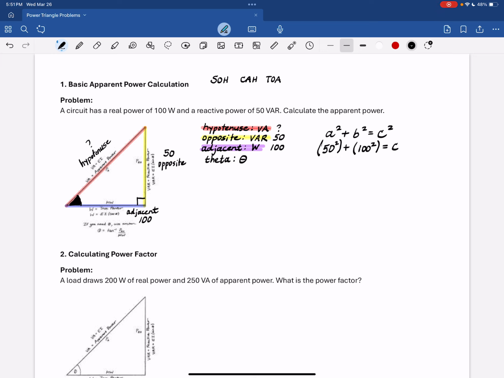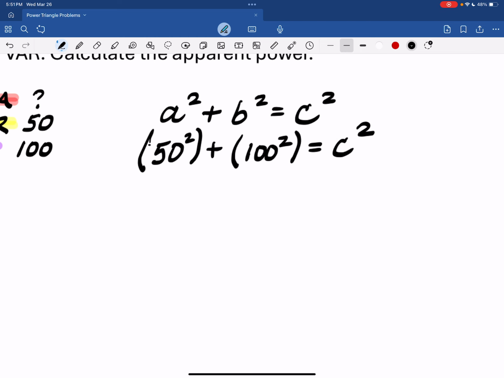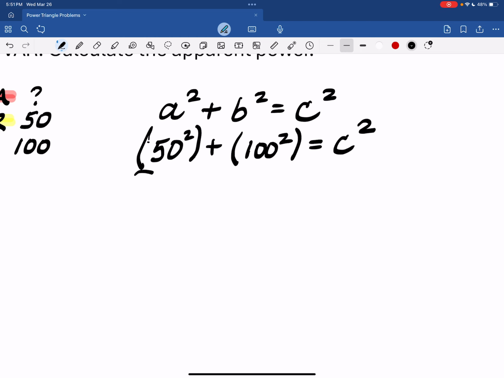And then that will give us c squared. So plugging in numbers for my variables, I'm setting up this formula. Be very careful with these because this is where a lot of mistakes are made. 50 to the second power, 5 times 5 is 25 with 2 zeros.